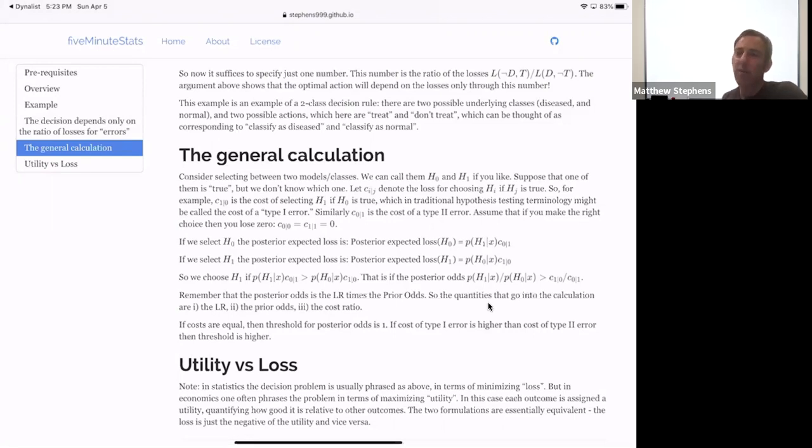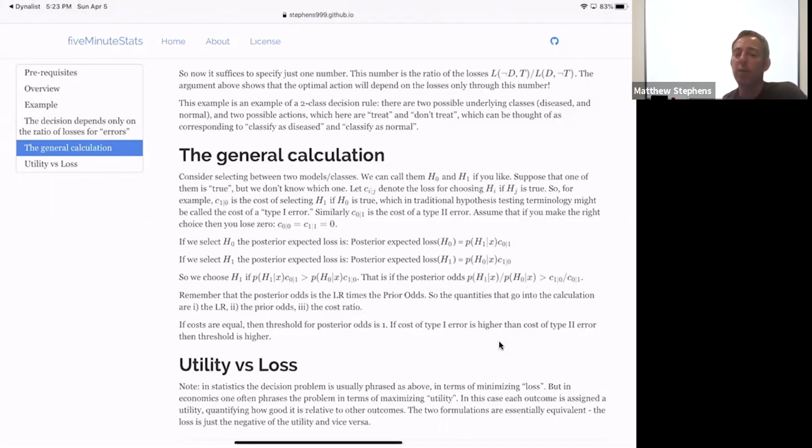If the costs of making two different mistakes are equal, that's a special case, right? You've got two possibilities, you're trying to choose between them, and you can make two different types of mistake. You could choose 1 when 0 is the right answer, or you could choose 0 when 1 is the right answer. And if you're equally ambivalent about both of those, if they're both as bad, then you just choose the one that has the higher posterior probability.